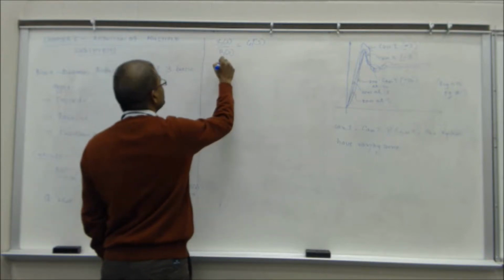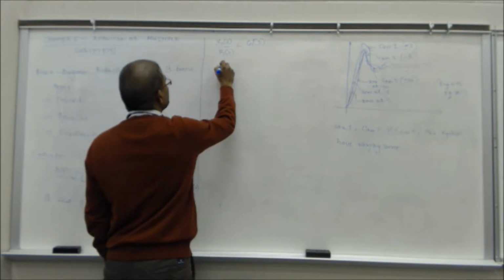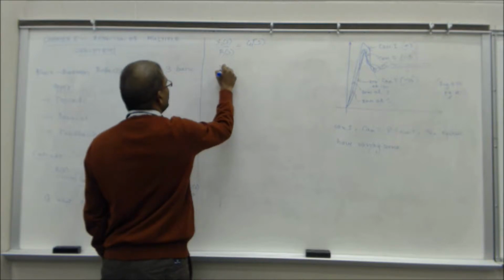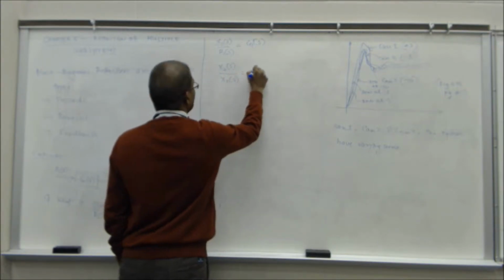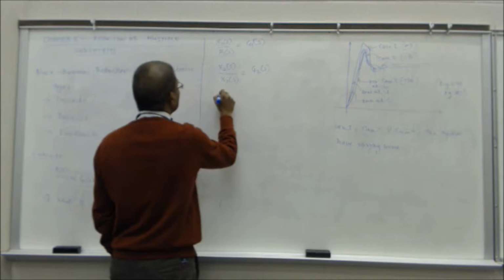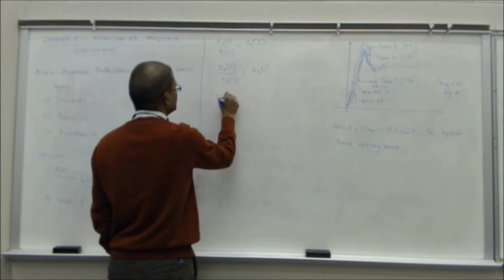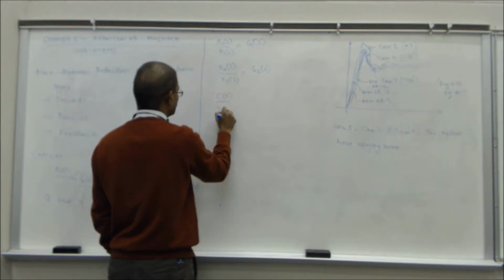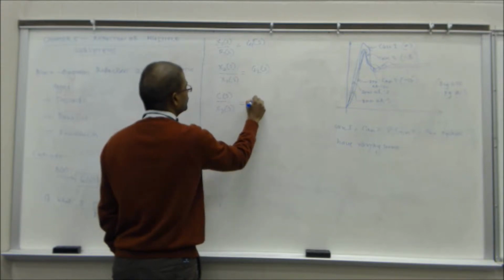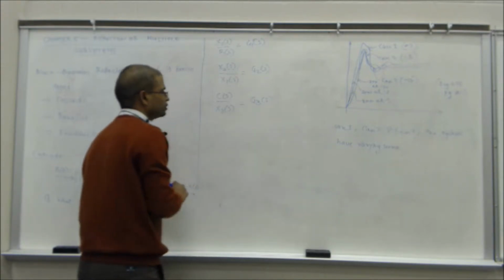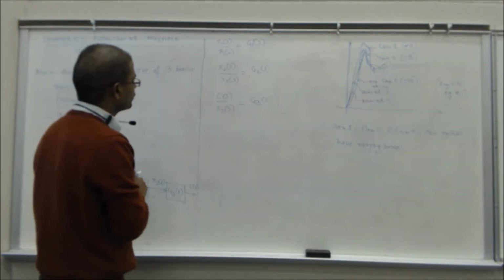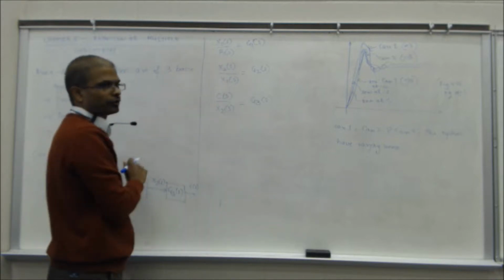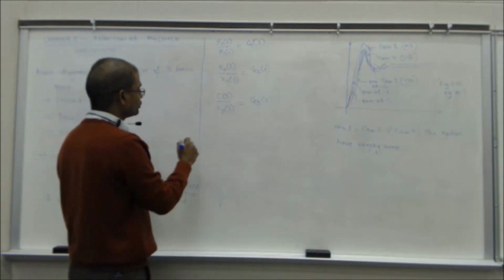Similarly, x2 of S over x1 of S is equal to G2 of S. And finally, C of S over x2 of S is equal to G3 of S, right? And what you have been asked to do is you're supposed to figure out C of S over R of S, right?